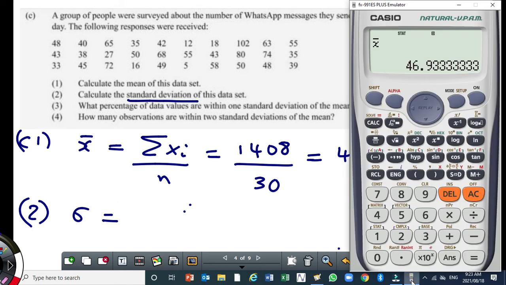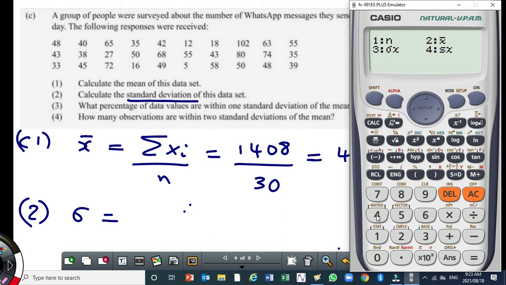Then you go to your calculator. I'm going to clear the screen there quickly. So you go to shift. Please do it as I am doing it. Shift, then number 1. Now we want the standard deviation. So number 4, our standard deviation is going to be sigma x on your calculator. Sigma x.